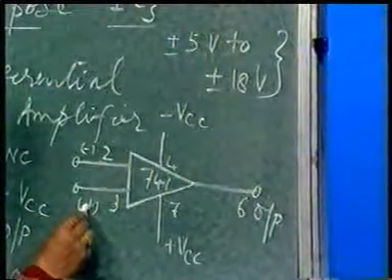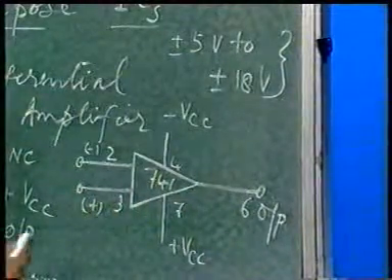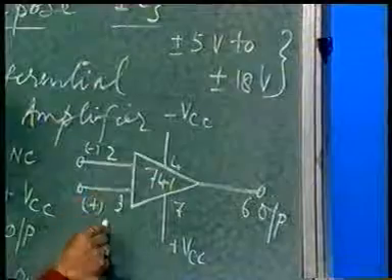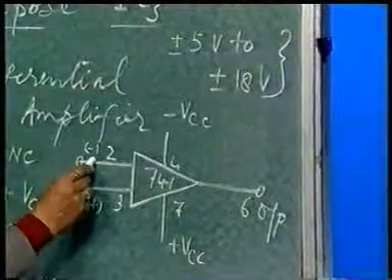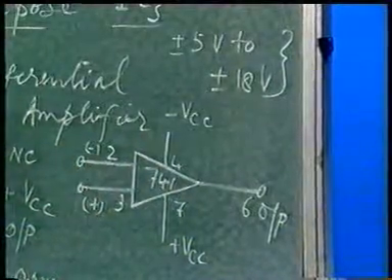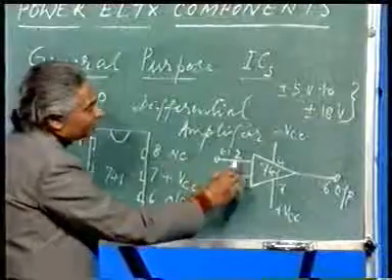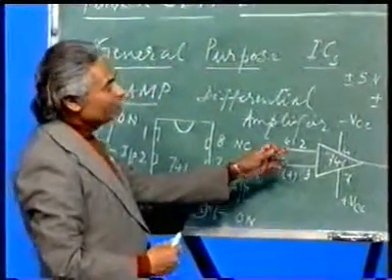Since this is a positive input, the output will be non-inverted type. On the other hand, if I ground this terminal and give the input here, since it is a negative input, it will appear as an inverted output. And if I give both, then the differential output will be obtained. So this is about the 741.